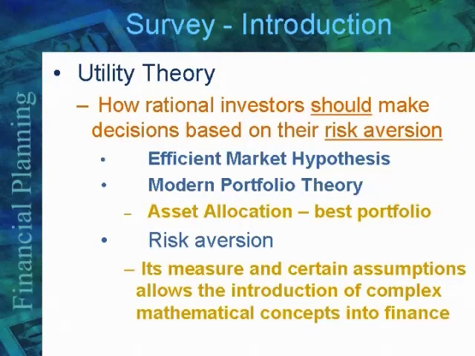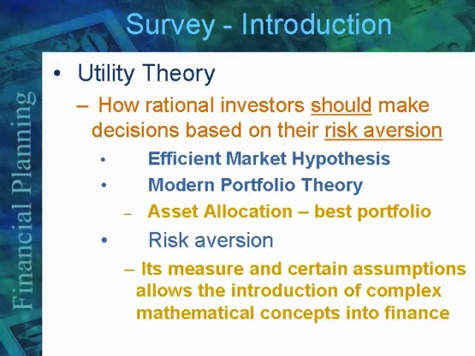So the theory of utility essentially is a theory of how people should behave or how decisions should be made. It's the understanding that if markets are efficient and if modern portfolio theory works, then rational investors would make decisions based on their risk aversion.